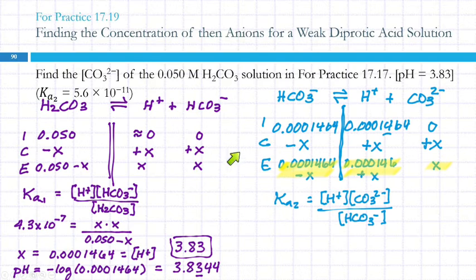I'm getting this from the equation up here. And now I'm going to take what I wrote in the equilibrium row, and plug those things in for these concentrations. I'm going to take the given Ka2 and plug that in there. So they told me Ka2 was 5.6 times 10 to the minus 11.